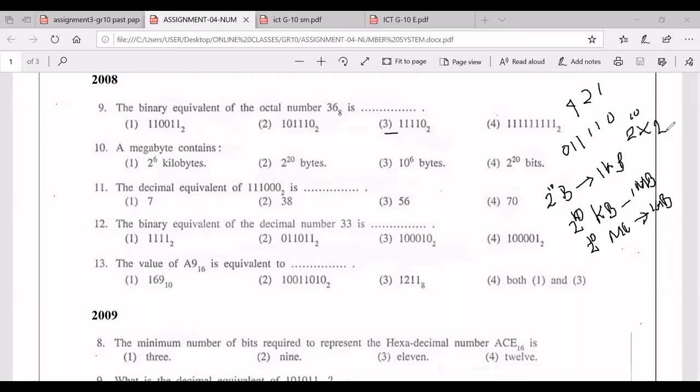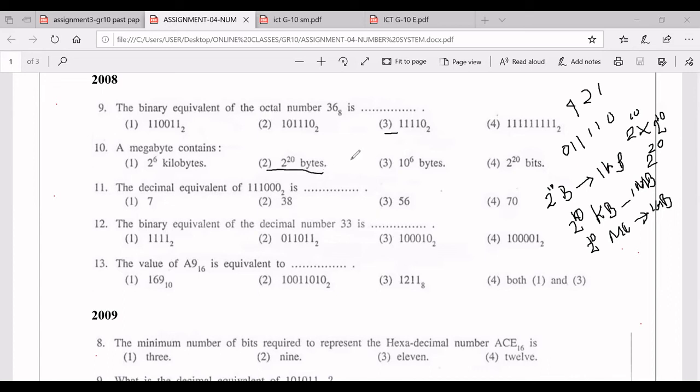When you are multiplying those values, you should add the powers, no? Then 10 plus 10, that is 2 to the power 20. So 1 megabyte contains 2 to the power 20 bytes.